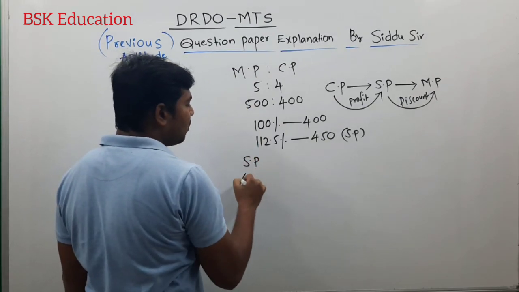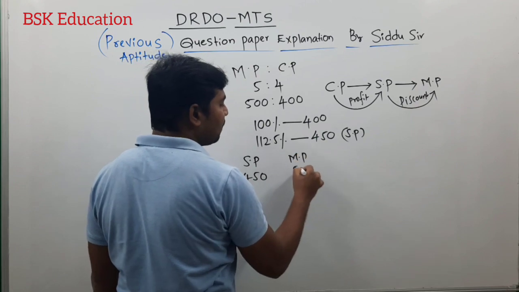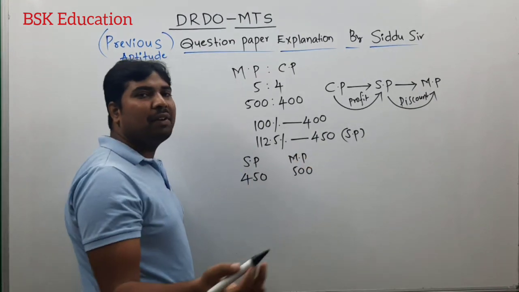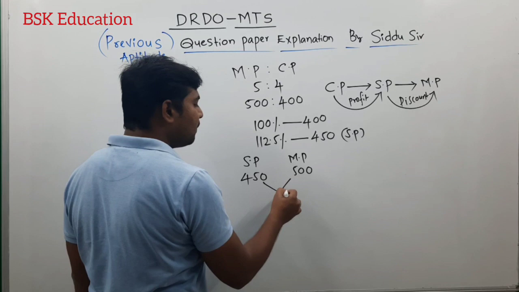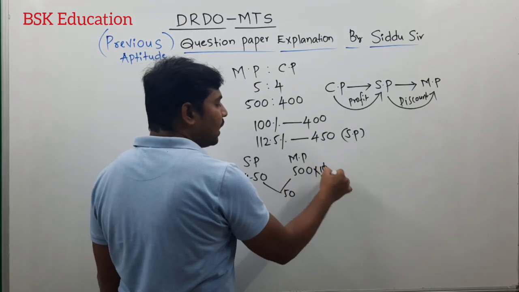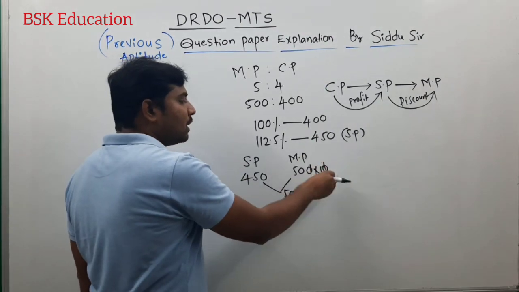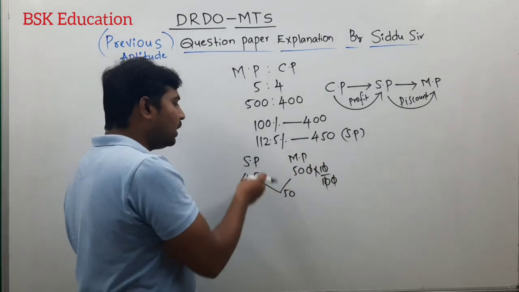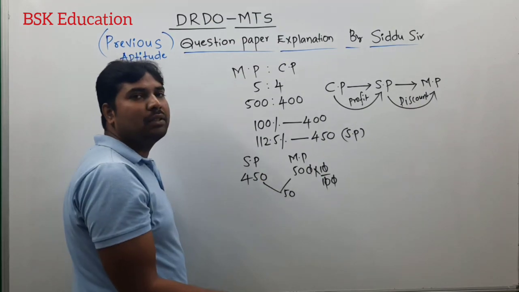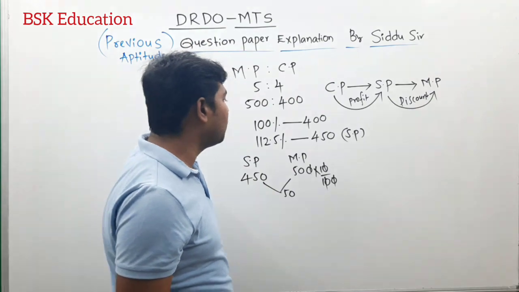Selling price is 450 rupees, market price is 500 rupees. Take the difference. Difference is 50. 50 is nothing but 10%. If we give a 10% discount on the market price, you will get 450 rupees for the selling price. Simple thing.